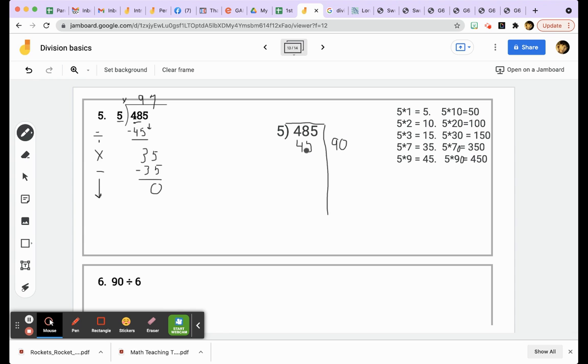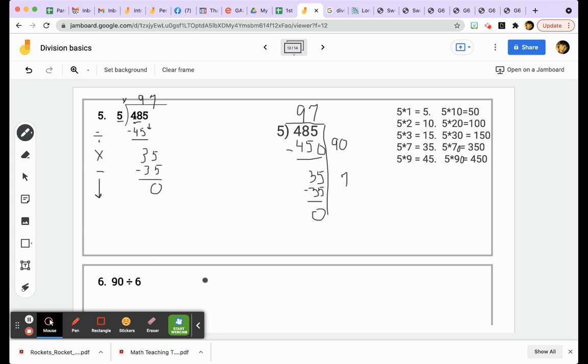So I write that under my dividend and subtract. And I have 35. Well, looking at my toolkit, 5 times 7 is 35. So I have a partial quotient of 7. 5 times 7 is 35. Subtract 0. I'm going to add my partial quotients together, and I have 97.